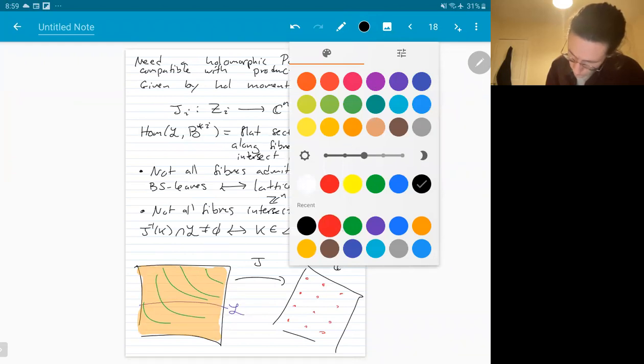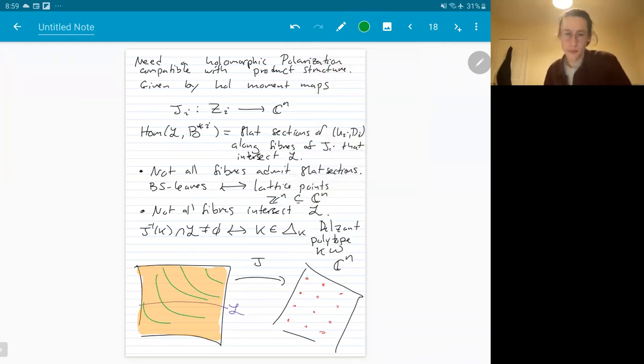Because remember, we're dealing with the toric variety, so we actually have this moment polytope. So only the lattice points that are actually lying in the moment polytope correspond to fibers that intersect L.